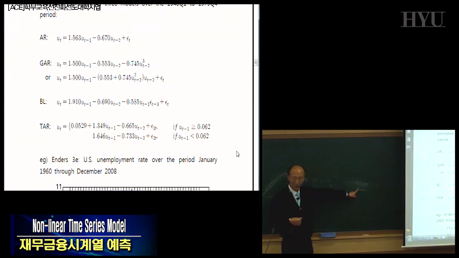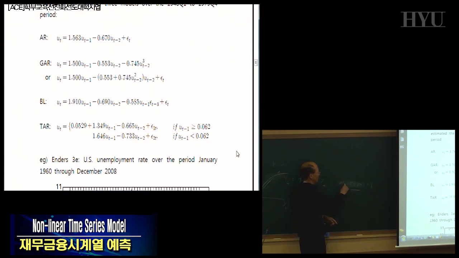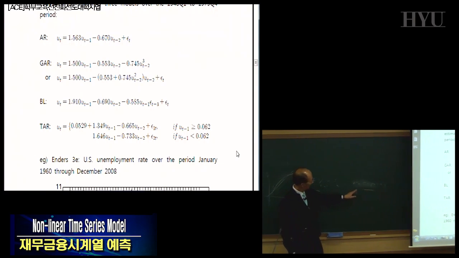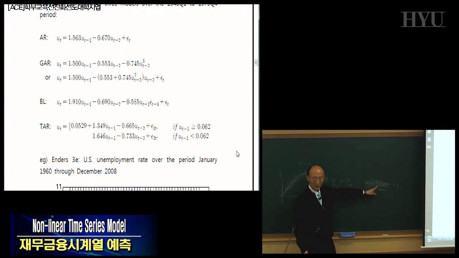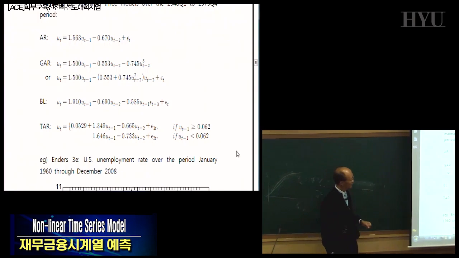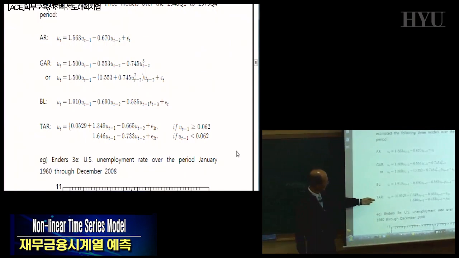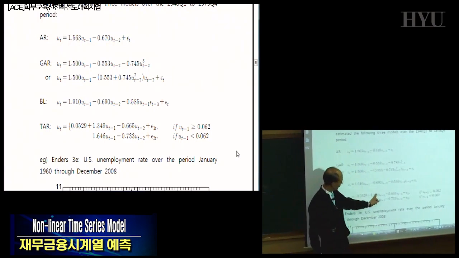This was one. The leading smallest value, right? For this. But still you have to choose whether you need AR3 or AR2, right?